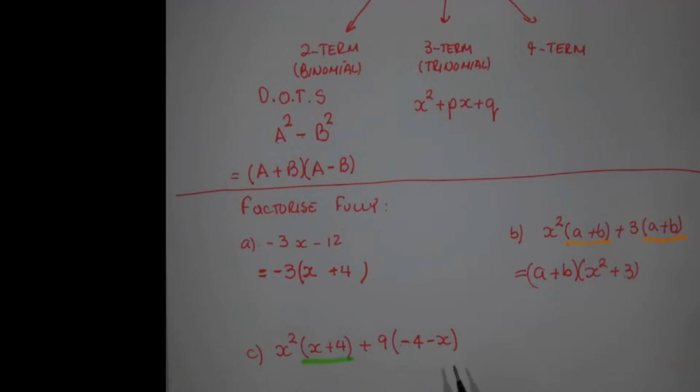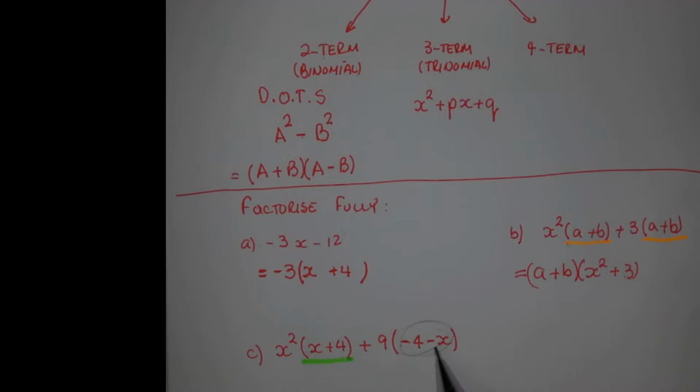It can be easily sorted out by saying, well, if I were to multiply this by -1, I would have obtained what I've got inside the bracket. So -1 times x would have given you -x, and then -1 times 4 would have given you -4. So you could almost say that this bracket here is actually the opposite of what is in there.